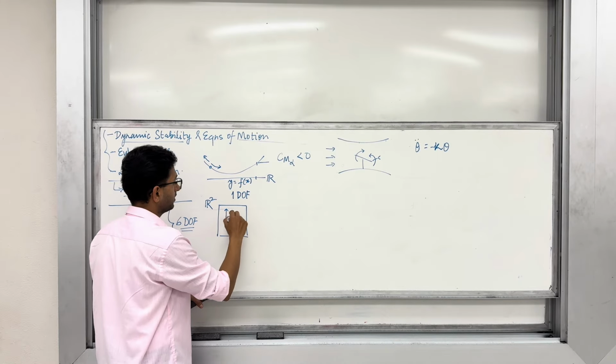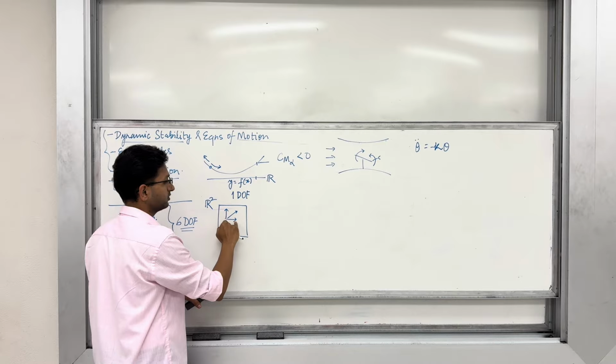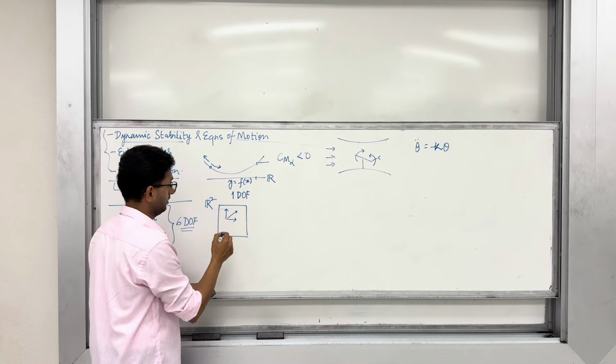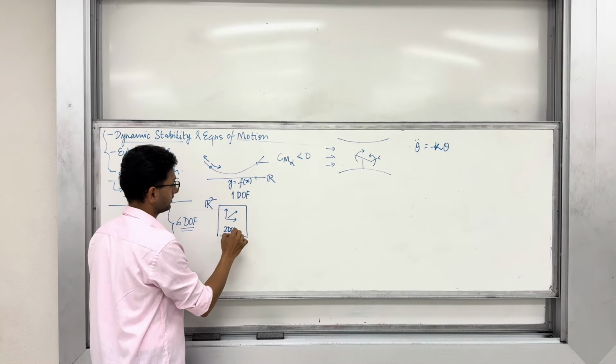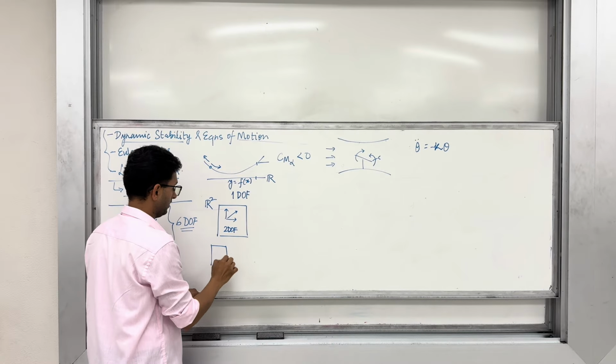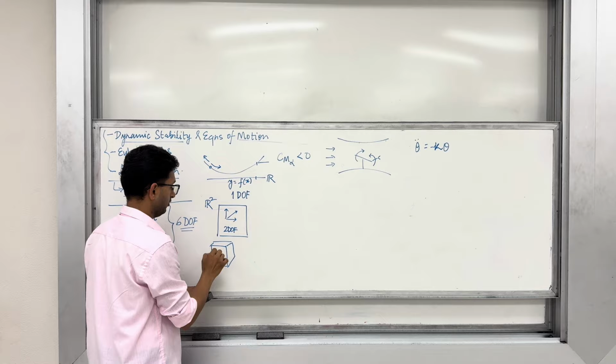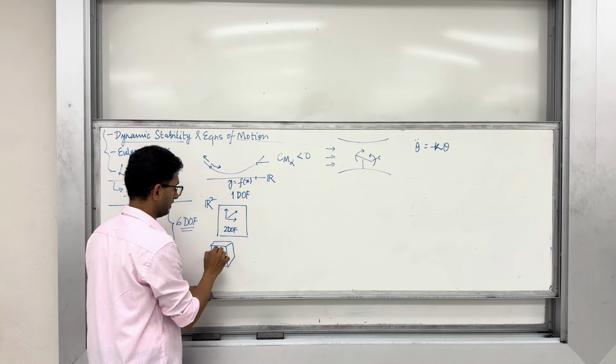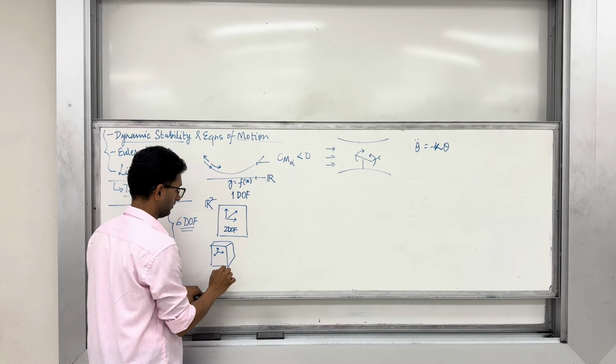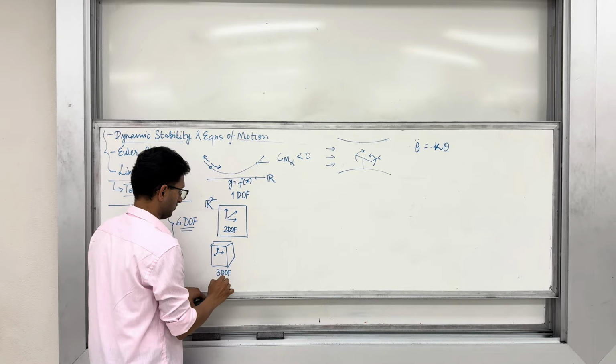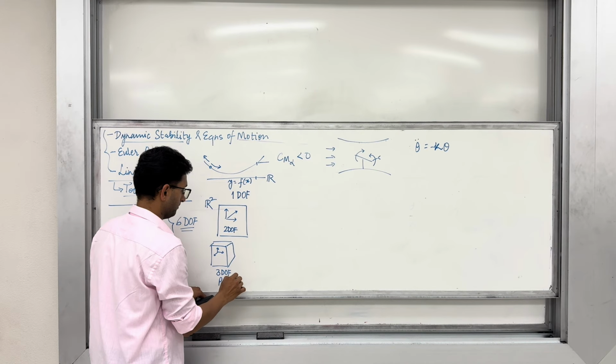If it moved any other way, you can express it as motions about these two. So this is a 2 degree of freedom system. Similarly, if I had a cube and a point inside of it, it could move in 3 independent directions. This would be a 3 degree of freedom system. So this is for a particle.